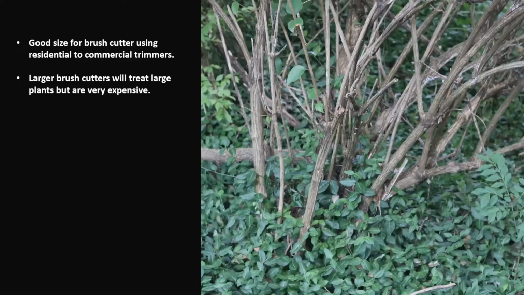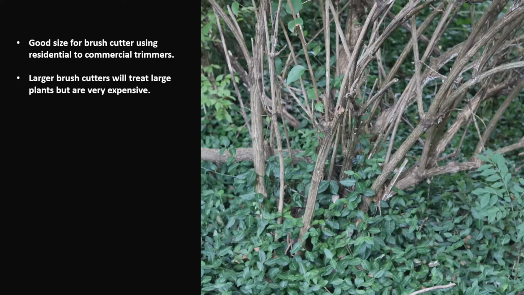All right, so here's an example of a bush honeysuckle with smaller stems. I'm bringing this up just to show you that this is a great size. These stem diameters are less than an inch in diameter, so this is a great size for a brush cutting blade. Like I said, any kind of residential or commercial trimmer will usually handle some kind of brush blade.